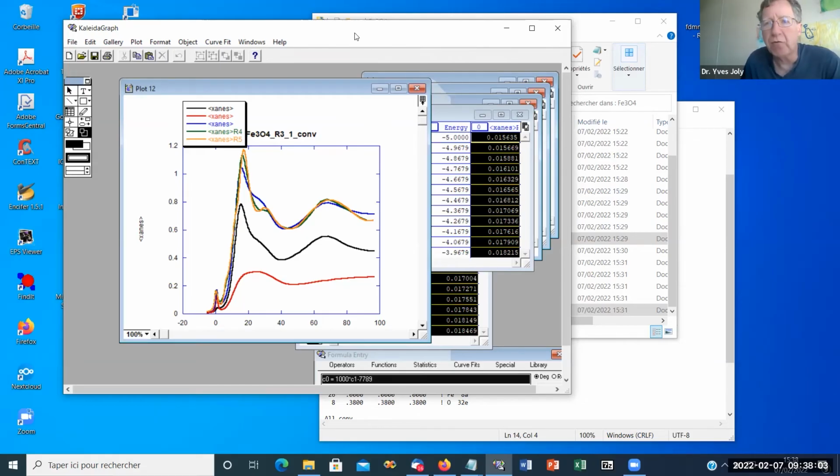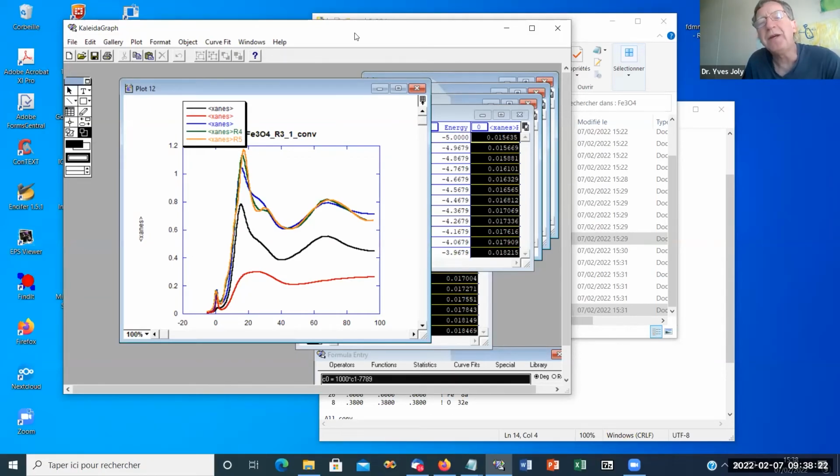state width. For the core hole, in fact, the width, we use the one from the table, I forgot the name. So it's a very famous table giving the width of the core hole. So in fact, you cannot change this parameter, even if it's a parameter.